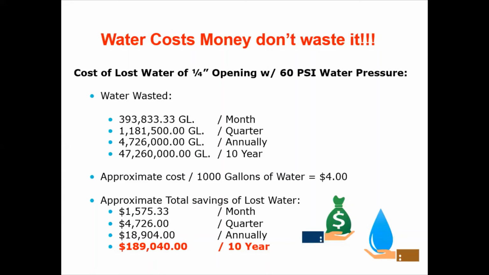So if we have 10, 20, 30, 40, 50 of those out in our system, it could be any type of small leak, at a gate valve or something like that, where a pipe's starting to pull away. There's many different ways and parts of the system, an unknown abandoned line, or all different situations where we know we have these 1/4 inch opening leaks out there.